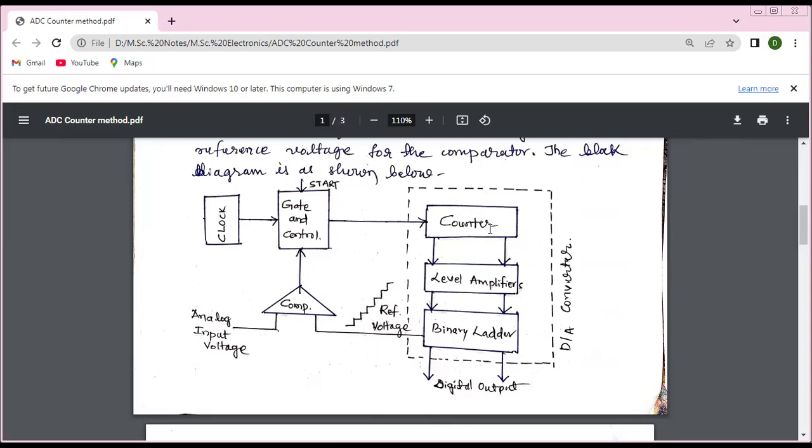So that stored 3 volt in the form of digital comes out as a digital output. So this is how the conversion takes place, and this is how the circuit works.